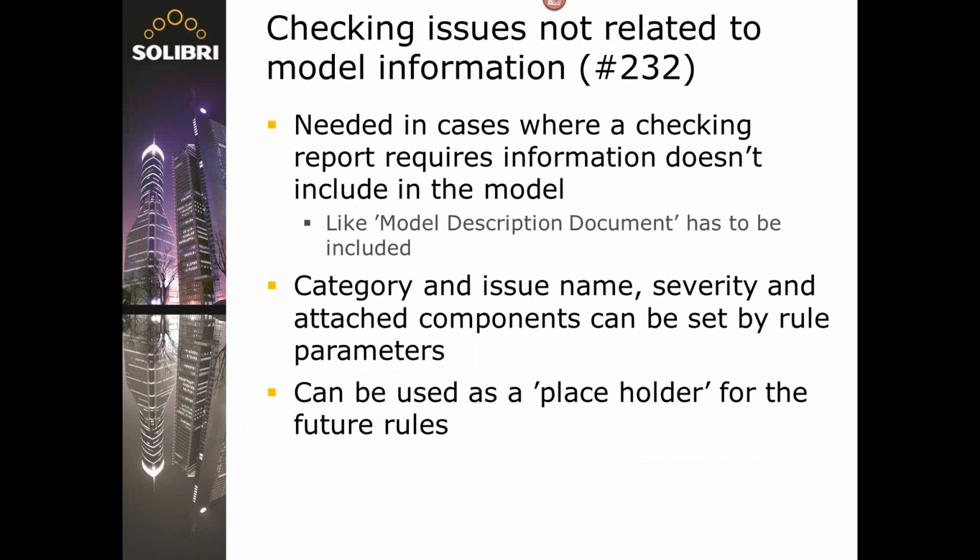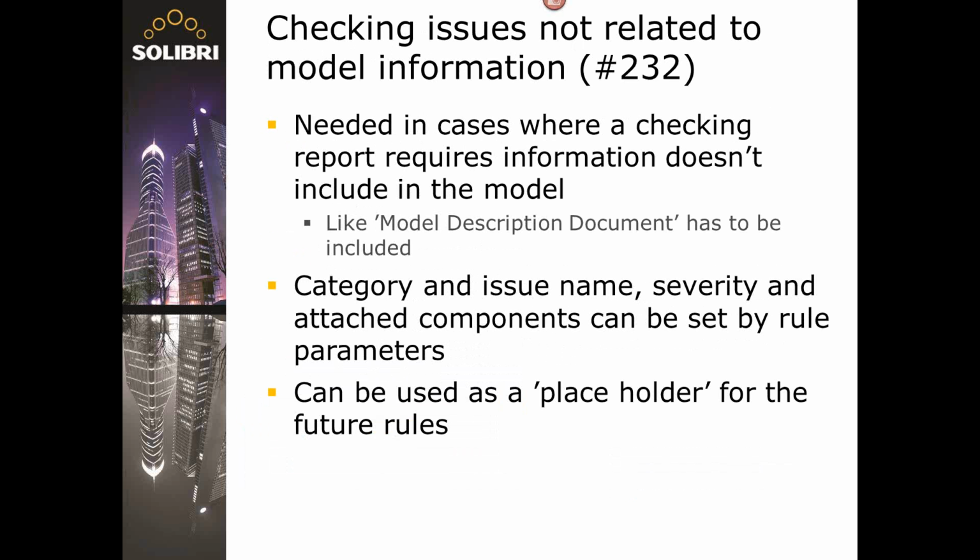A typical example is that, in Finnish BIM requirements, it says that when you make a model and forward it to the BIM coordinator, you have to include also a so-called model description document, which is a separate document. It's nothing to do with the model itself.